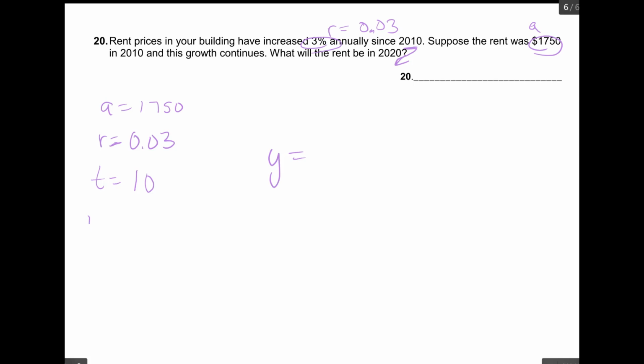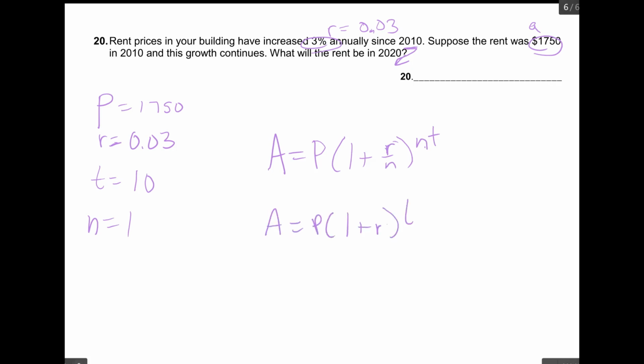It's only once a year, so n equals 1. I can use a equals p times 1 plus r over n, all to the nt, where p is my principal. If I plug in 1 for n, I have a equals p times 1 plus r to the t.